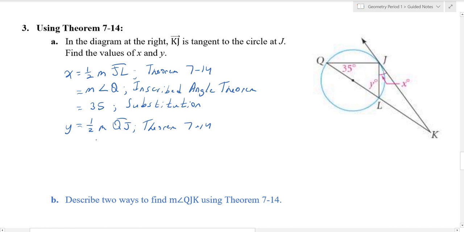Then we can say this equals 1/2 the measurement of arc QL, minus the measurement of arc JL, and that is also by the arc addition postulate.